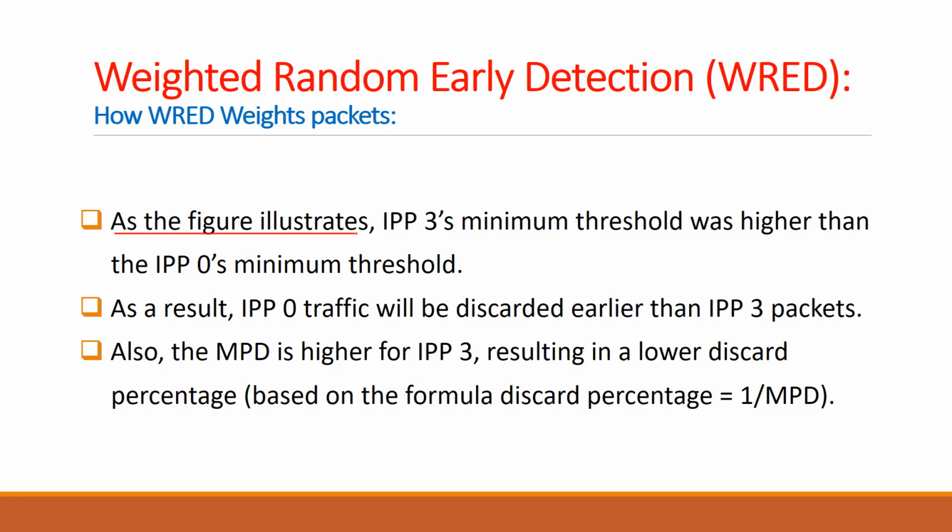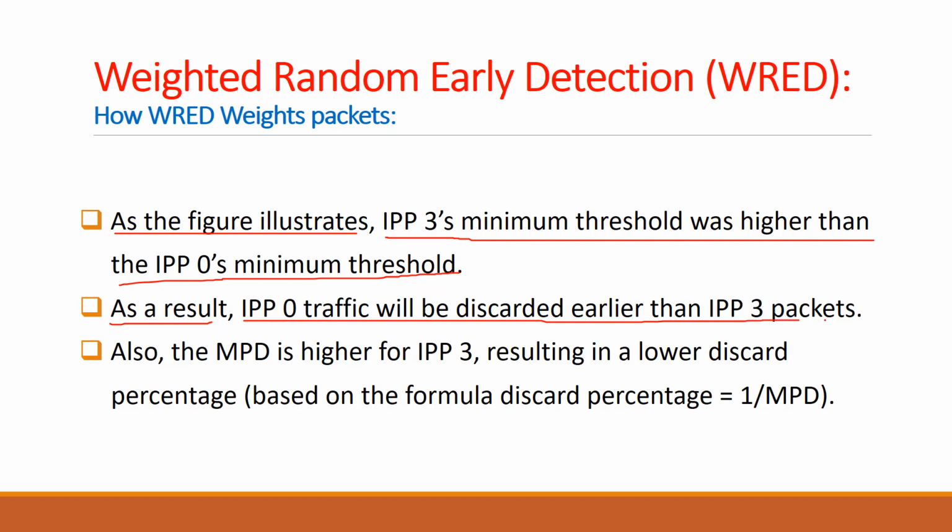As the figure illustrates, IP precedence 3's minimum threshold was higher than IP precedence 0's minimum threshold, and as a result, IP precedence 0 traffic will be discarded earlier than IP precedence 3 packets. Not only earlier, but also higher. So the MPD is higher for IP precedence 3, resulting in a lower discard percentage. Based on the formula, discard percentage equals 1 over the MPD. What does this mean?